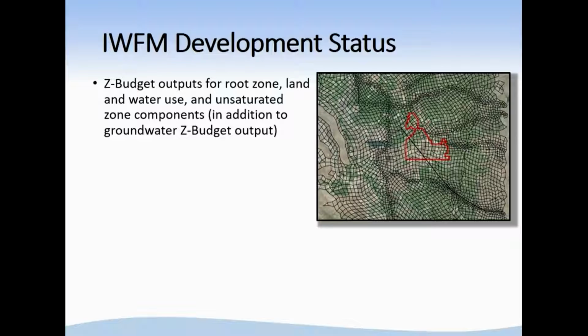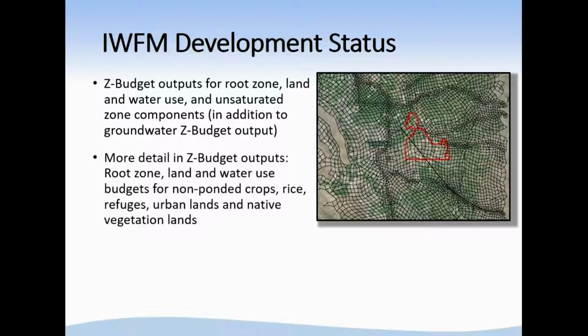The GSAs can come in with their boundaries, their polygons, whatever they are. They can clip their interest area from the C2VSim fine grid and look at everything in that area, not just groundwater, but everything: water demand, root zone component, unsaturated zone, all the way from the land surface down to the groundwater.